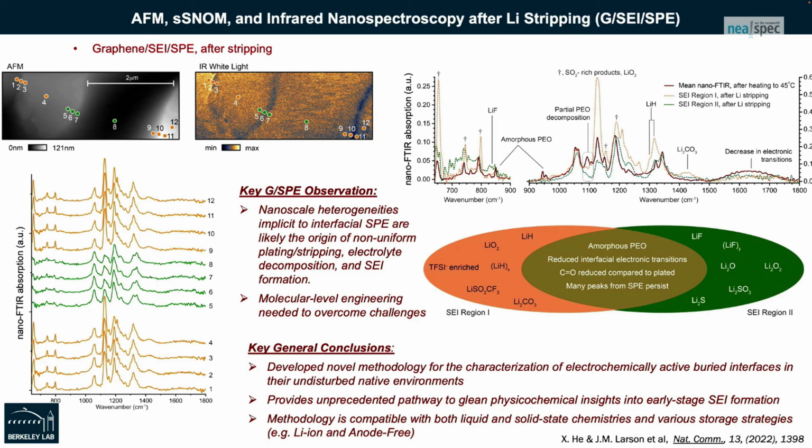And some key general conclusions were that a methodology was developed that can characterize electrochemically active buried interphases within their undisturbed native environments, and it is amenable to a whole host of other chemistries and battery storage strategies. And so we hope to use this technique a lot more in the future.